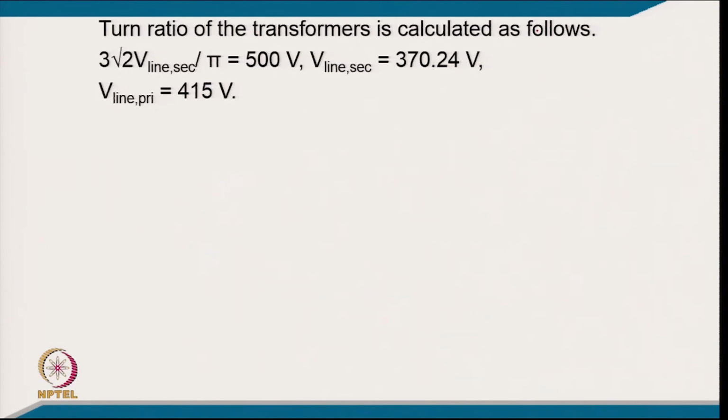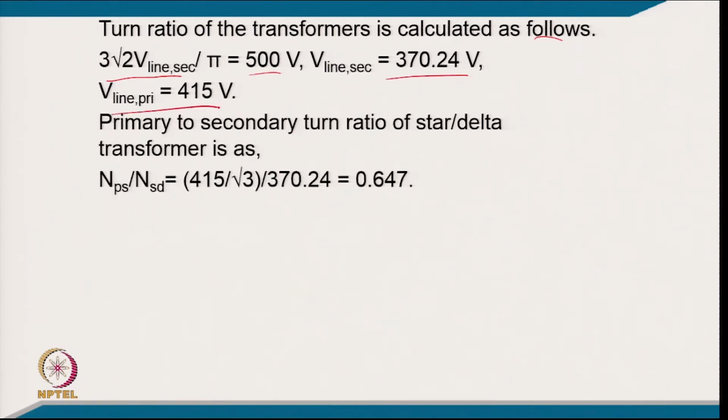The turns ratio of the transformer used in the load we can calculate from this. The rectified voltage is equal to 500, so we find the input line voltage is 370.24 and the primary is 475. So, we can get the primary to secondary turns ratio of the star delta transformer.